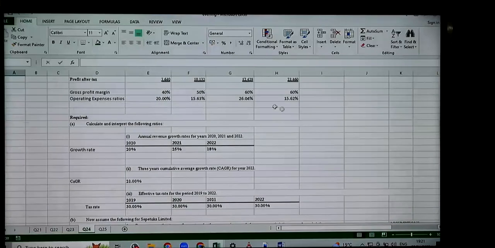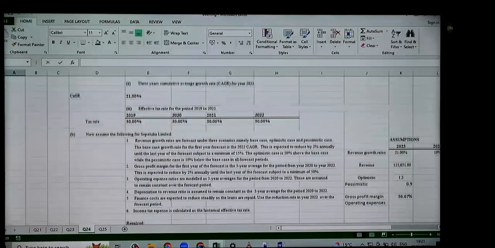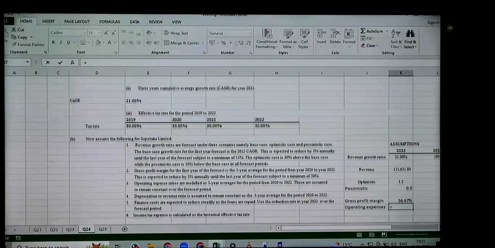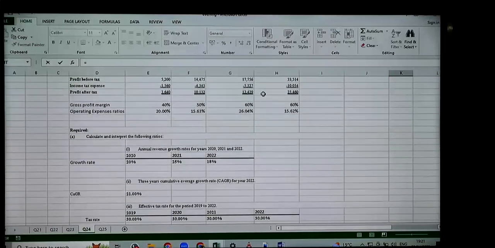Well, they are here. So the question is saying they are modeled as a 3-year average, the same thing, equals. So I'll go back. So from 2020, I'll take from there. Then I had forgotten, so I can adjust from up here in the formula bar.